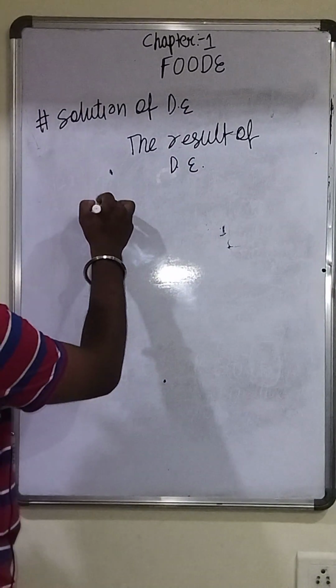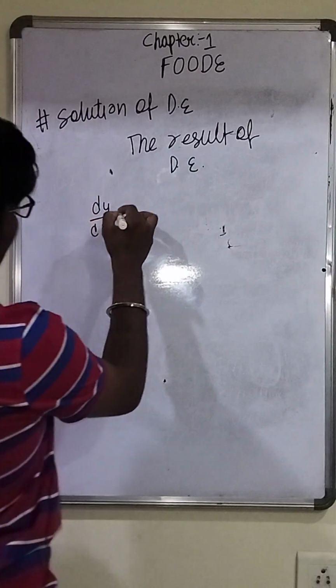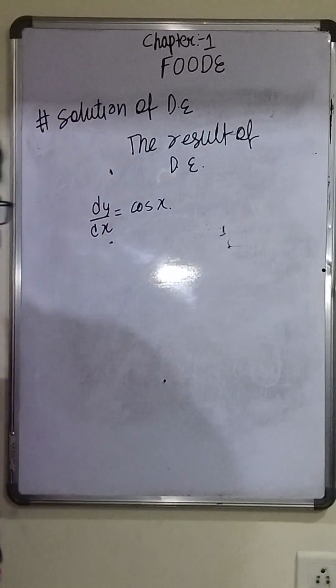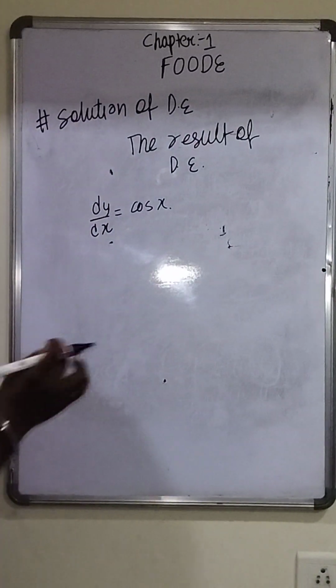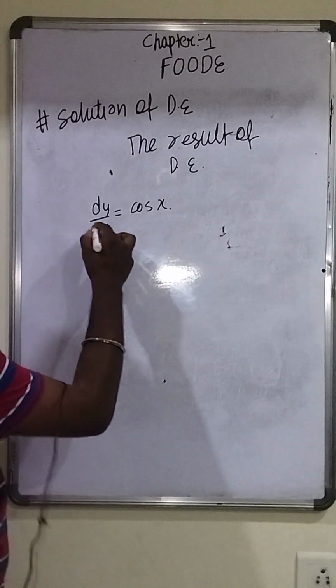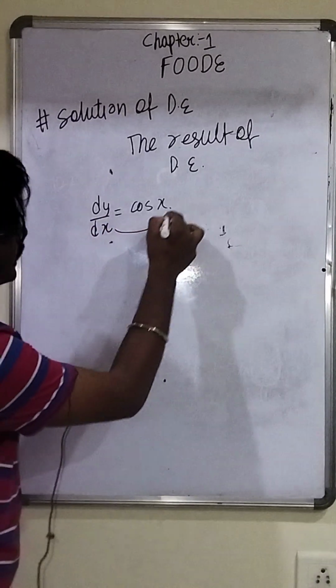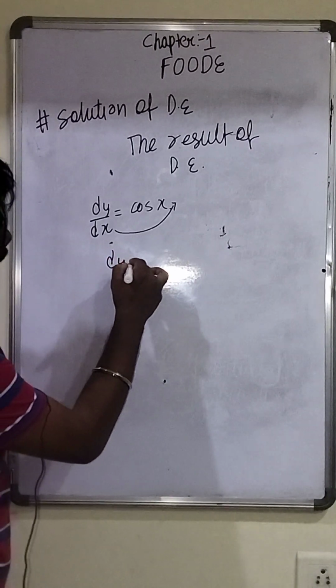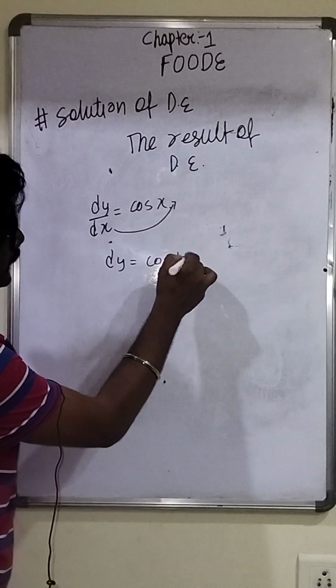If a question comes like this, dy by dx equal to cos x, so what we will do? We will solve it by moving this dx to here, which means dy equal to cos x dx.